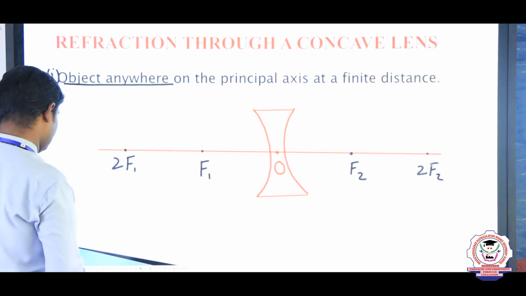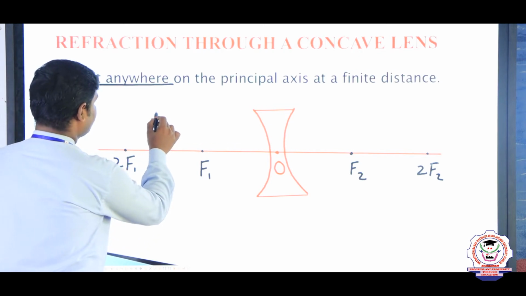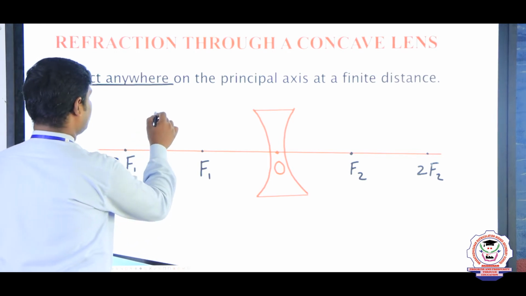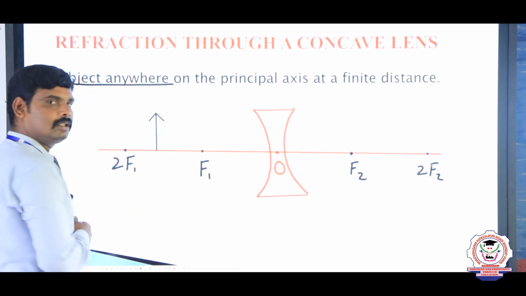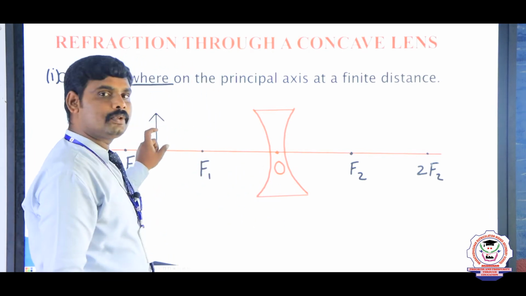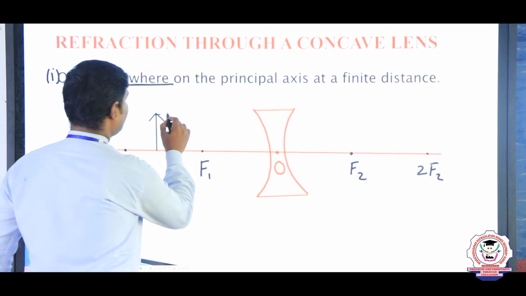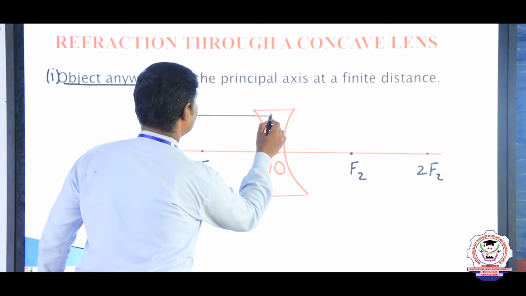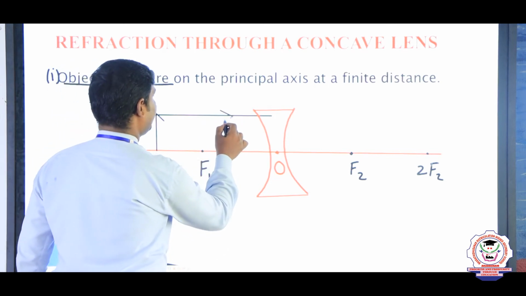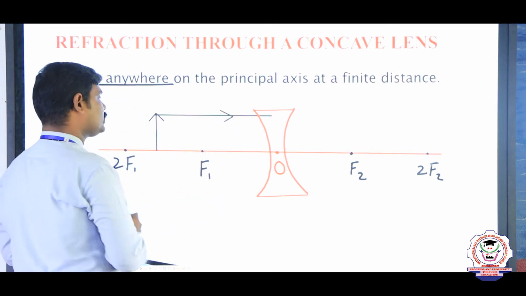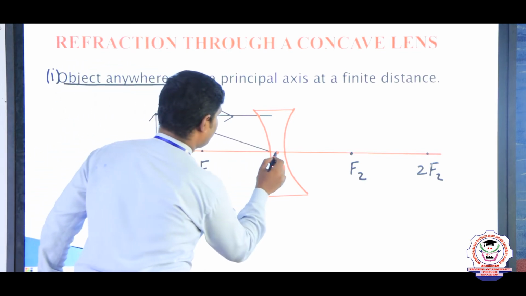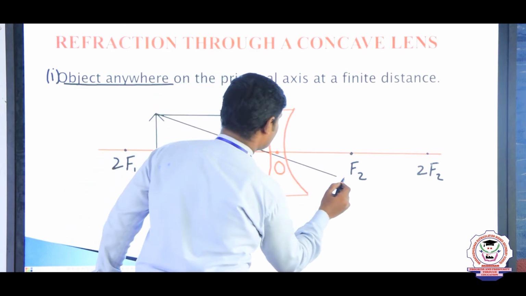See my dears, this is the object, right? Here two lines are coming from this object. One is the line parallel to the principal axis, right? And one more line passes through the optic center, right?